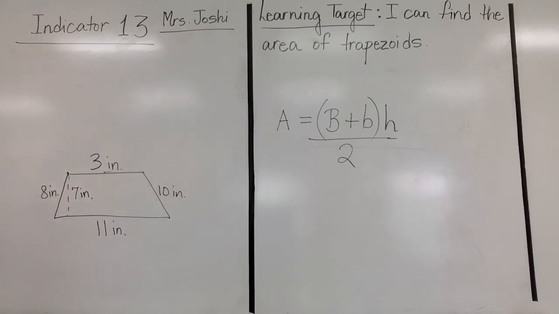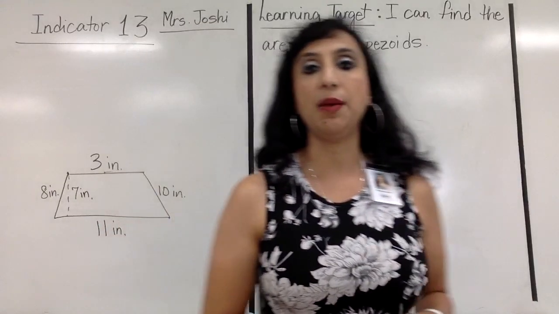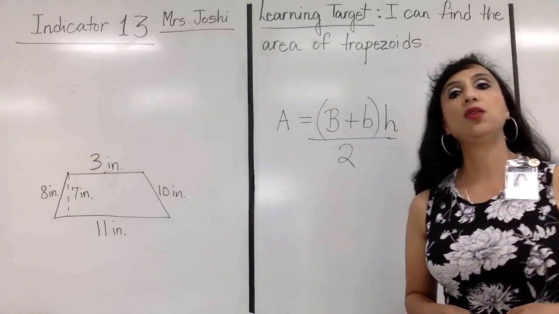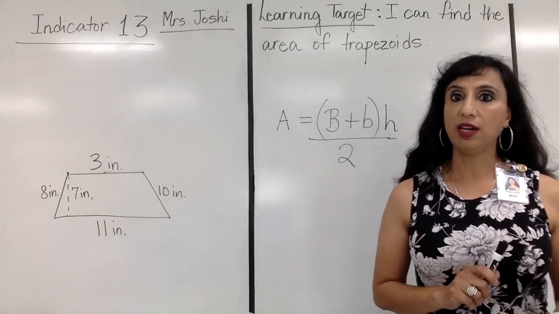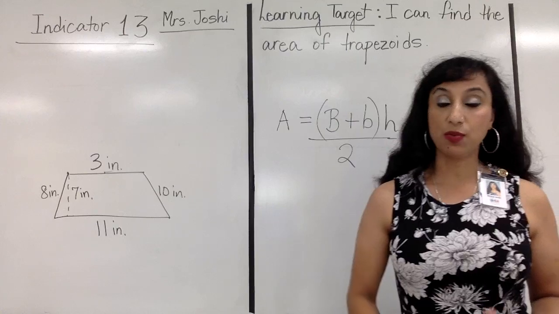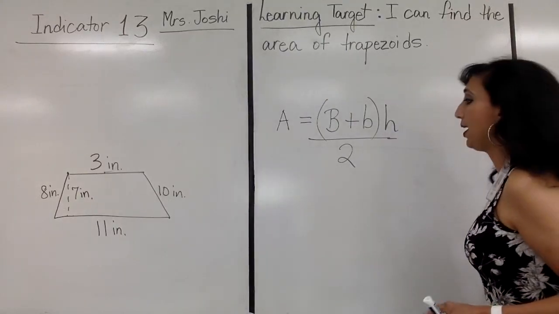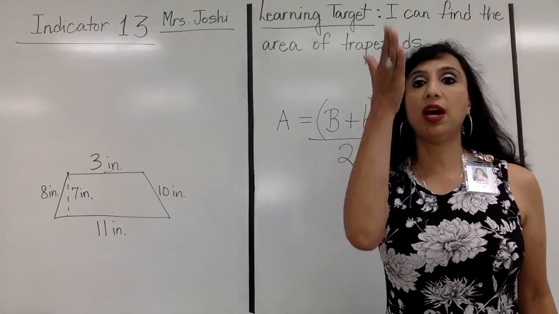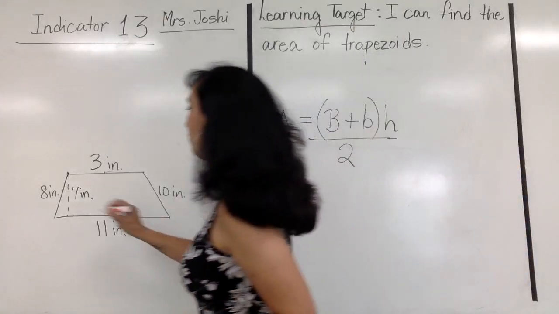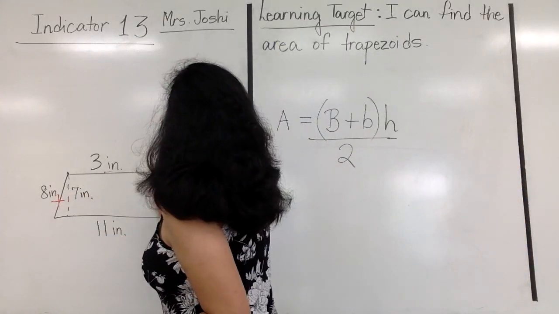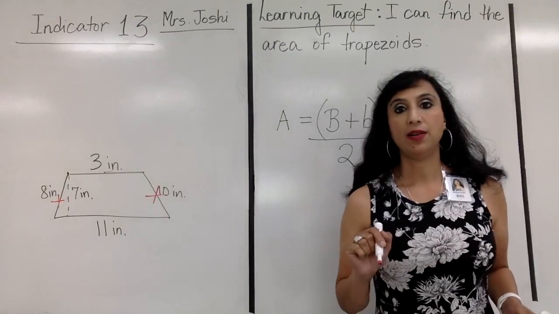Now, a very, very important concept to remember when you are finding the area of a trapezoid or a parallelogram, as we've talked before: you always take the straight up and down line. We are never going to use this slanted side for area.